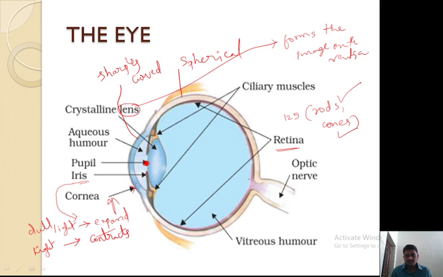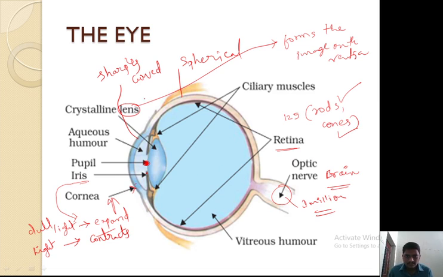Whatever light is incident on the retina is transmitted to the brain with the help of the optic nerve. It contains 1 million nerves, optic nerves. So the brain interprets the signals, so that we can understand the light or the object.